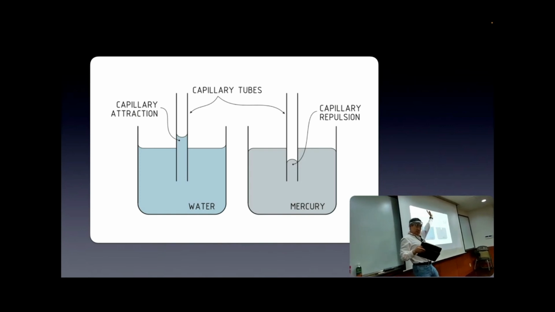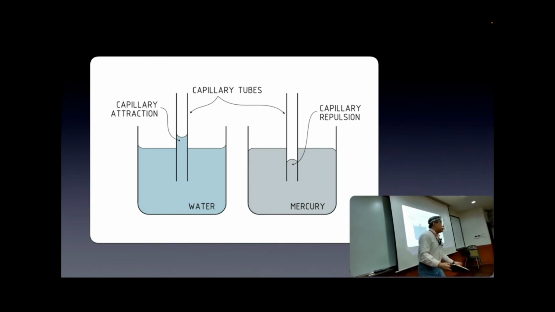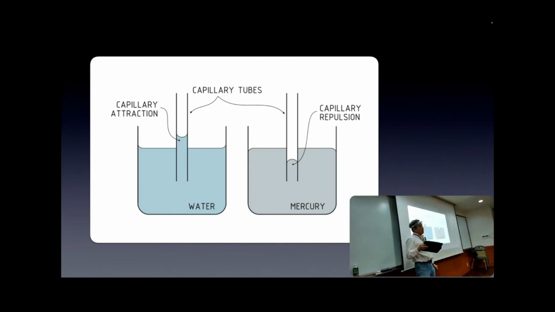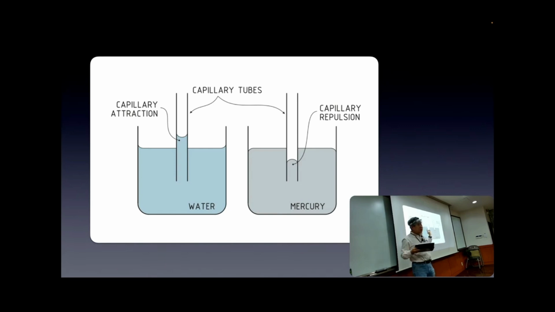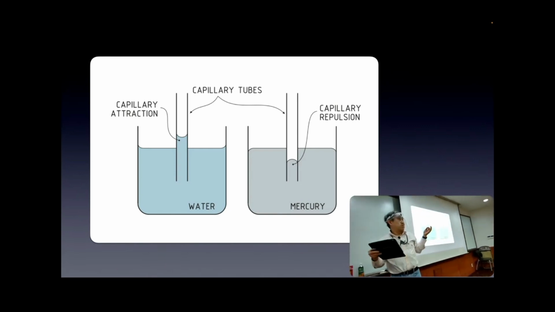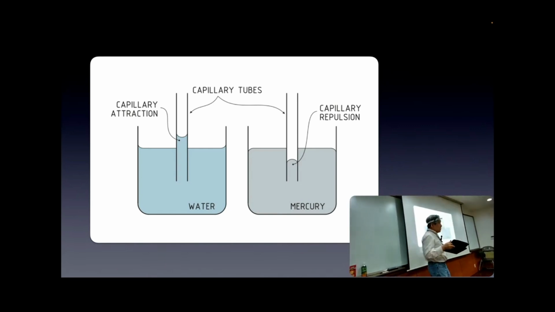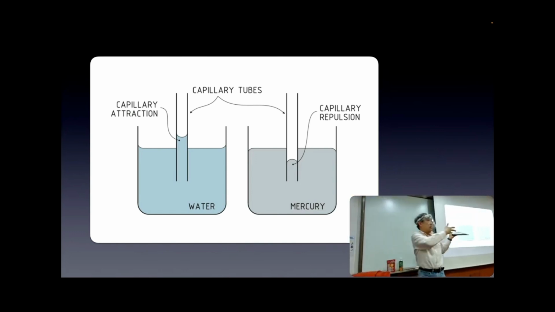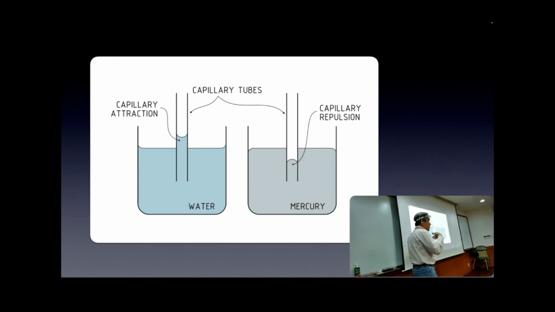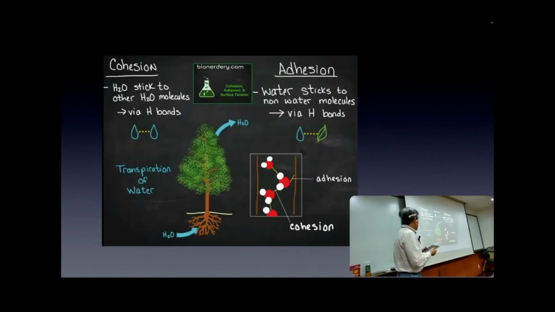A high tree has to draw water from the soil and bring it to the very top. This turned out to be a very important property of water, together with other properties like cohesion, as well as some other tricks that plants have to play.